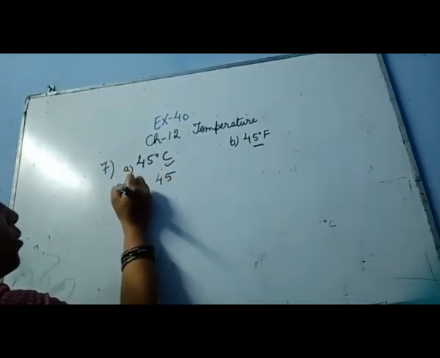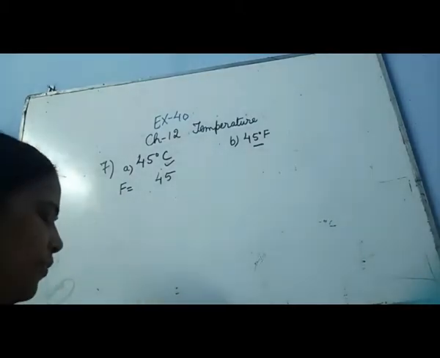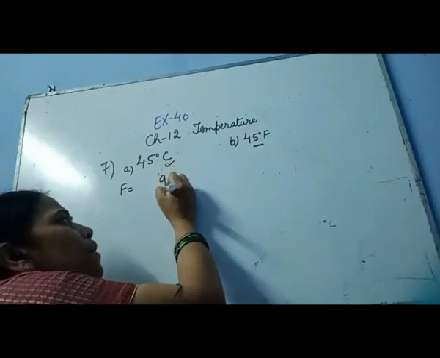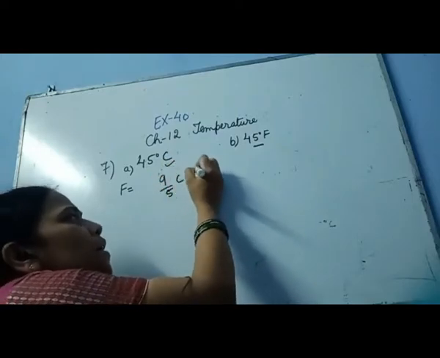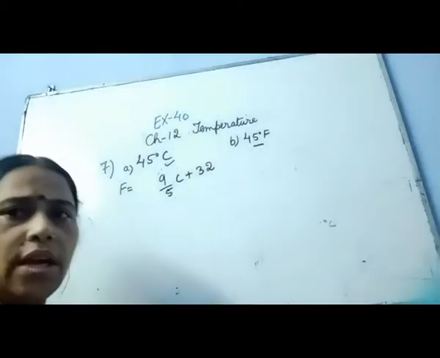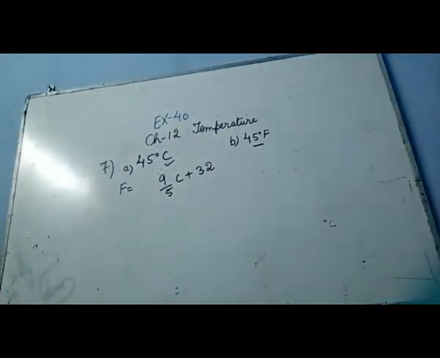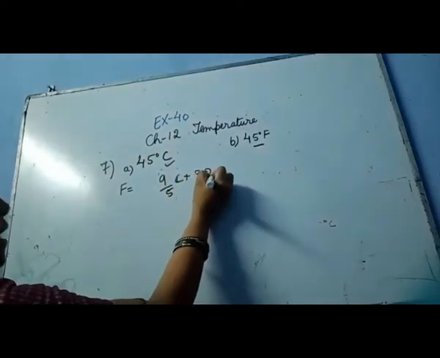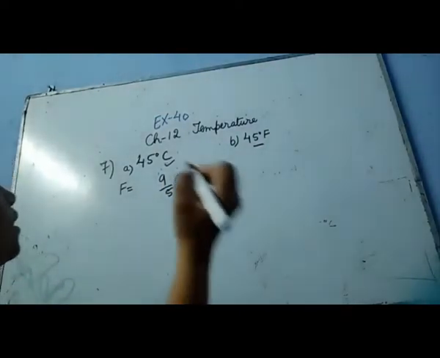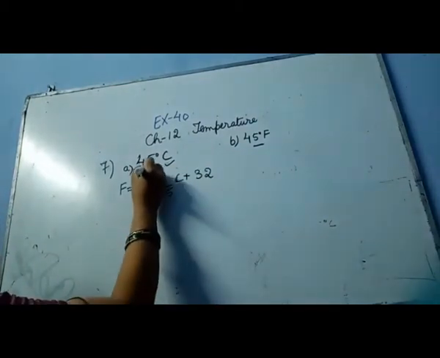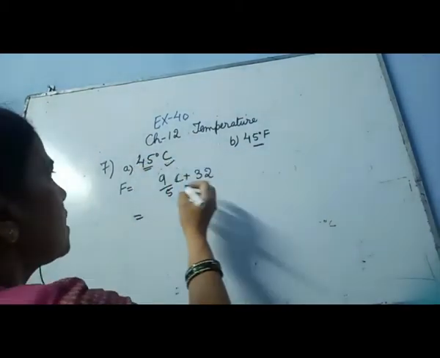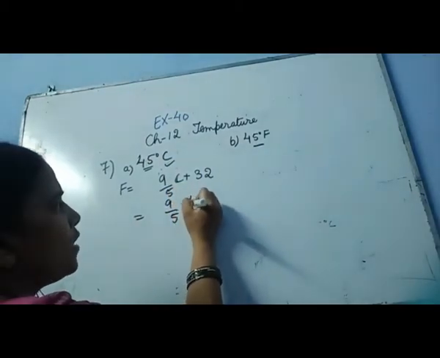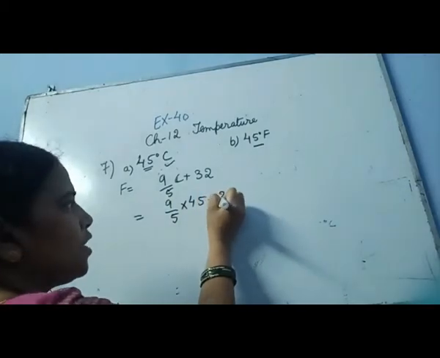You can use the formula F is equal to 9 by 5 C plus 32. Now what is the value of C? The value of Celsius is 45. That means 9 by 5 into 45 plus 32.